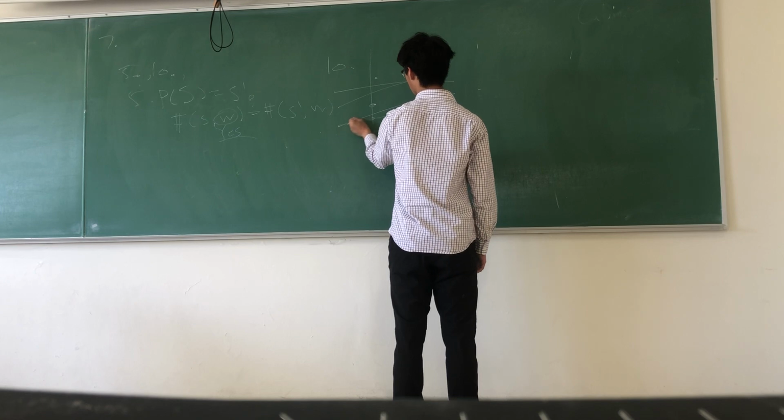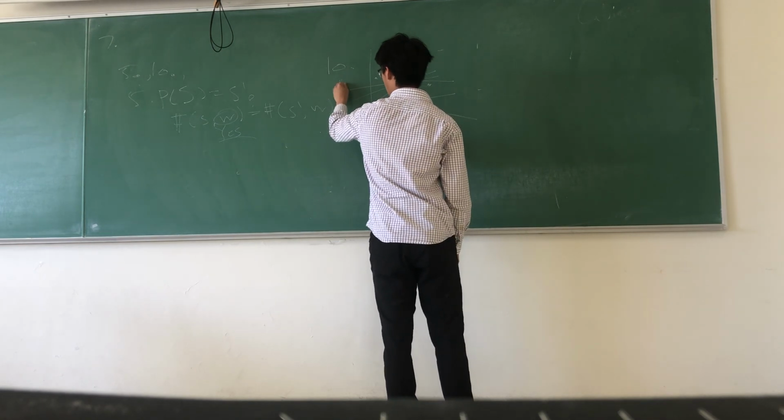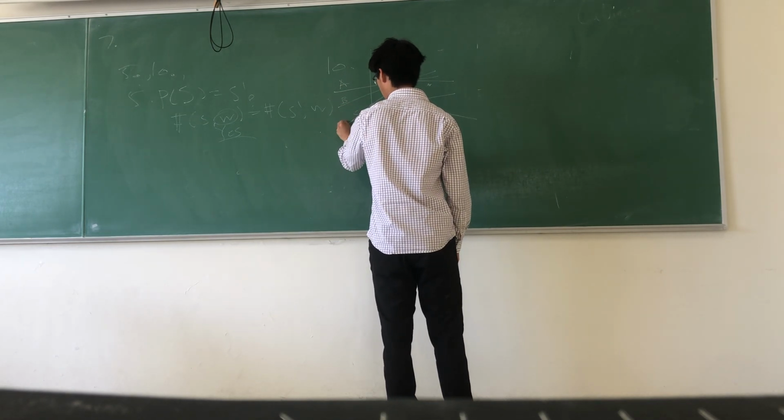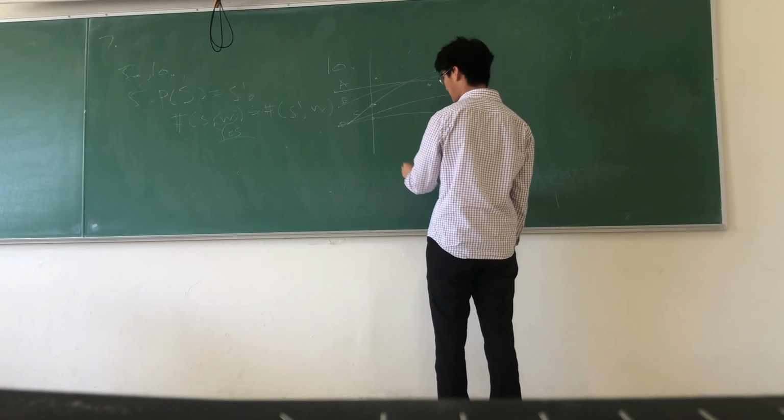So we have A, B, C, and then D, and then we have 4 corresponding loss functions.